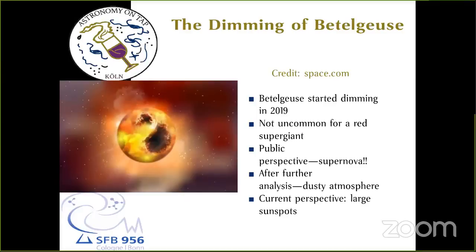Because we know that red giants are in a phase of variability, so their luminosity is changing over periods from some days to about 100 days.